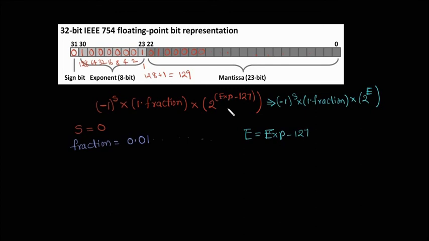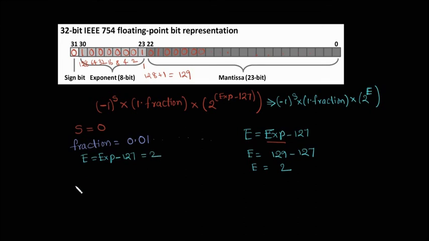This is the value of this exponent. So the value of E equals 129 minus 127. E is 2. The value of E is 2. So E equals exponent minus 127 equals 2.